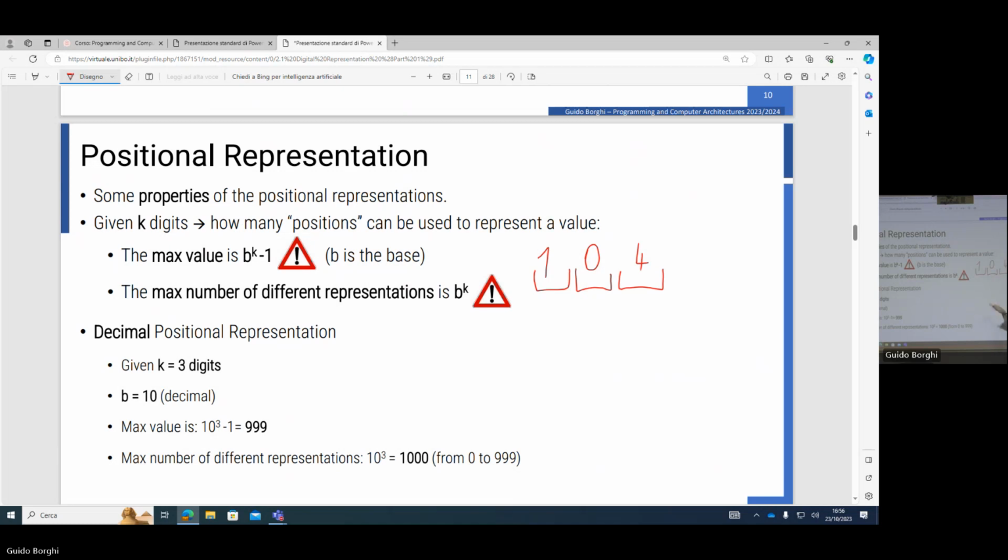Why? From the previous slide. So what can we say about the use of k positions? The number of these different positions is the lowercase letter k, okay?